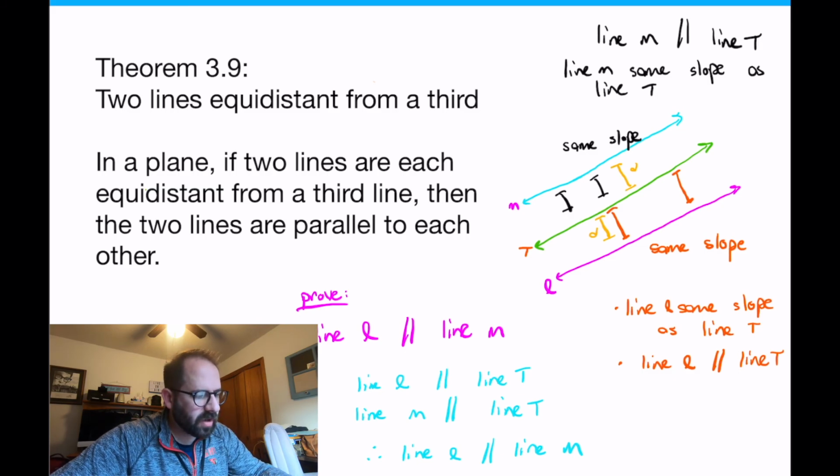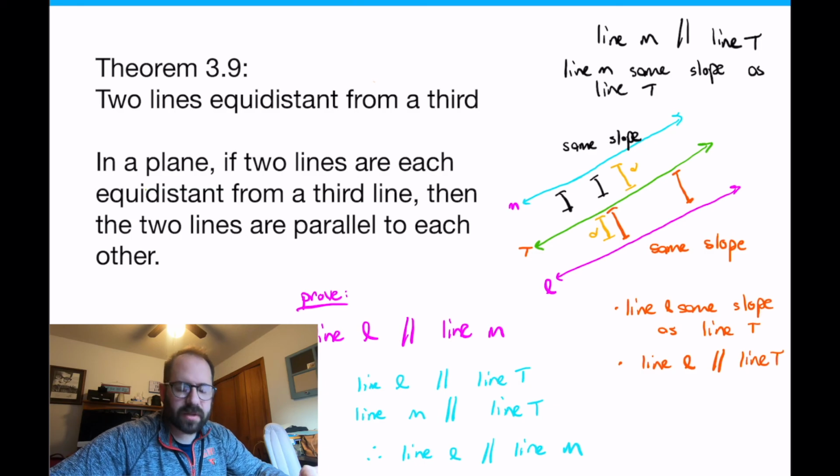When we talked about the transitive property back in the Algebra 1 unit, the example I used in class was: two students have the same age, one student is 16, what's the other student's age? Well, you could transfer that 16 years of age to the other kid because I told you they're the same age. You connected the dots. And that's what's happening here. They're parallel to the same line, so they have to be parallel to each other because of that same connection.